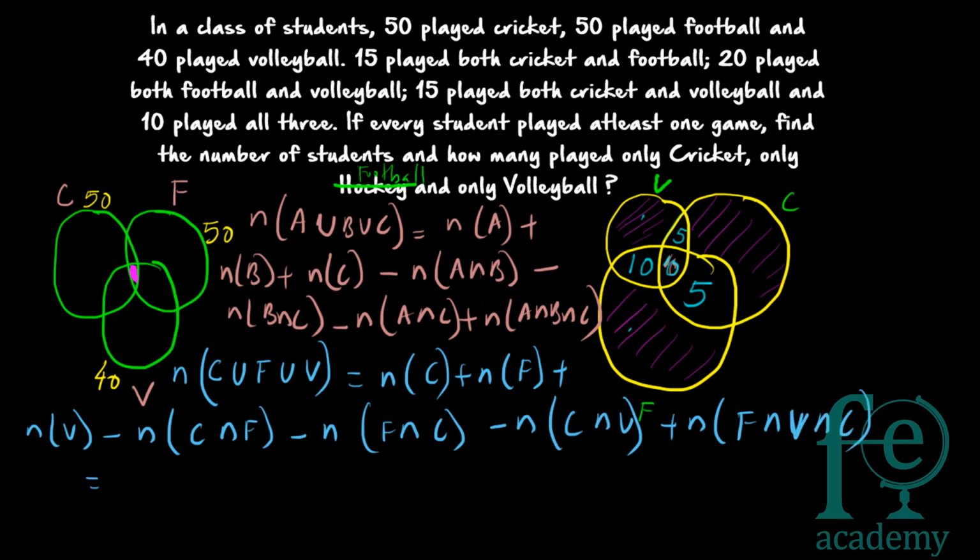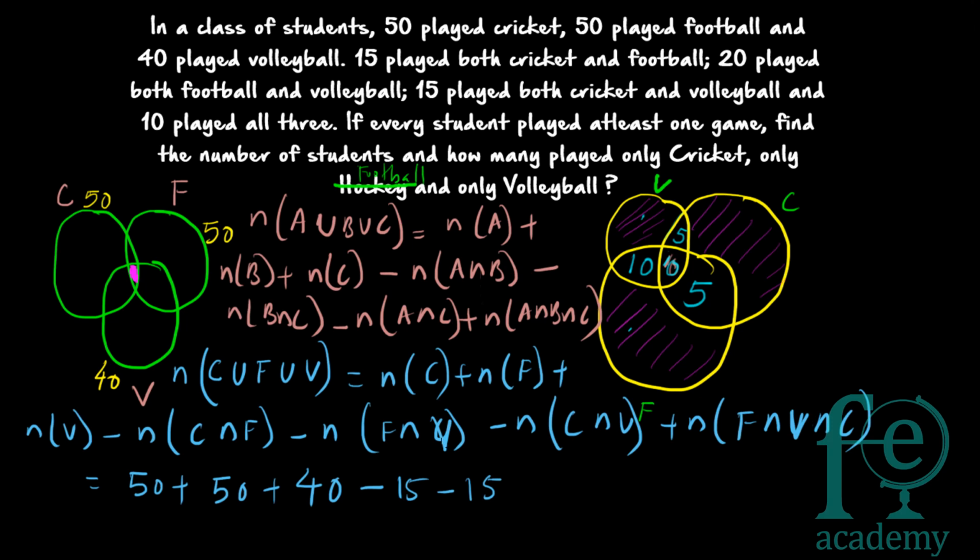Okay. So what will you get in total? The number of students in cricket is 50, plus the number in football is also 50, and the number in volleyball is 40, minus in both cricket and football 15 are there. In both football and cricket how many? 15. First one is cricket and football. Oh, I have written the same for both.